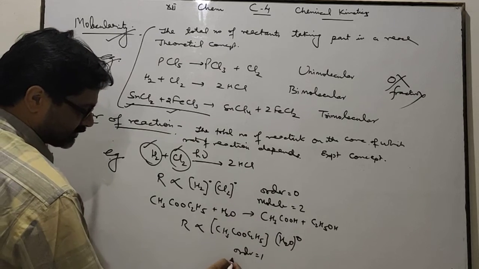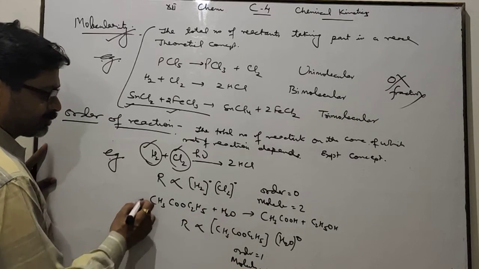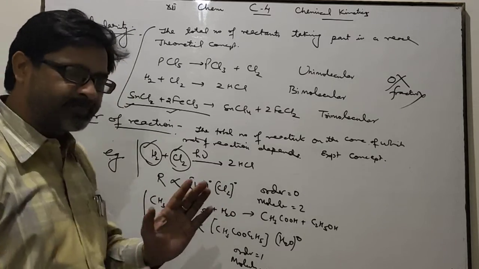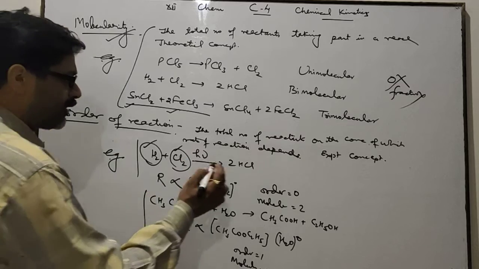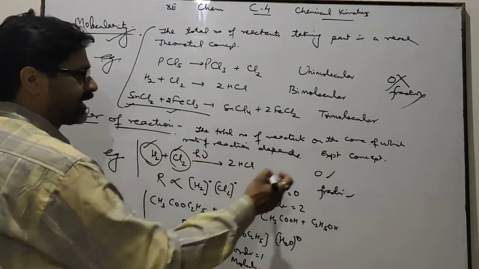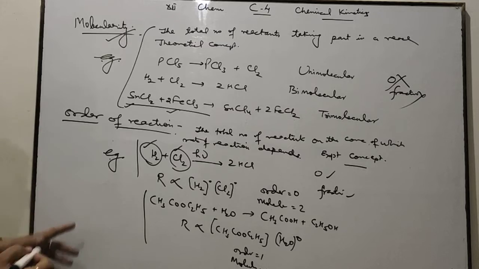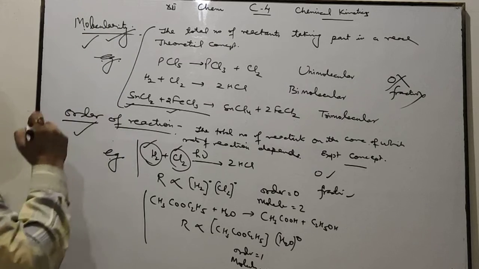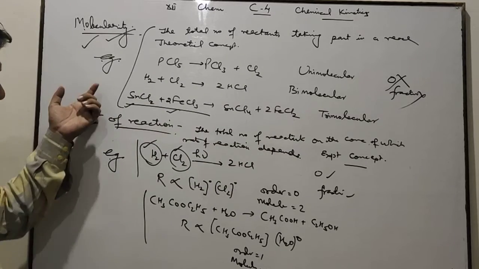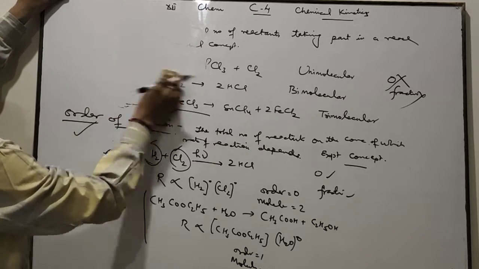The molecularity will be 2 because the total number of reactants is 2. Order and molecularity may be the same or different. Order may be 0, order may be fractional. It is an experimental concept. This is a very important question: what is the difference between molecularity of reaction and order of reaction? You can write it by yourself.